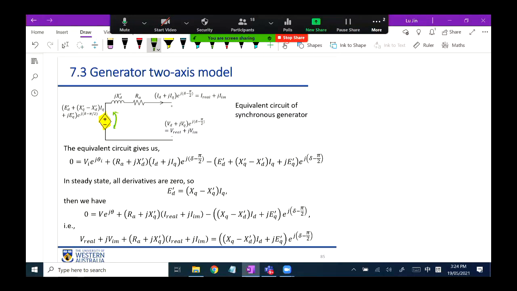This is just inside of the generator machine. The armature resistance is given here, RA. This RA is used to model the resistance of the coil, the wiring of the generator. For such a coil used in the generator, you have the transient reactance. So these two things are used to model what happens inside the generator.